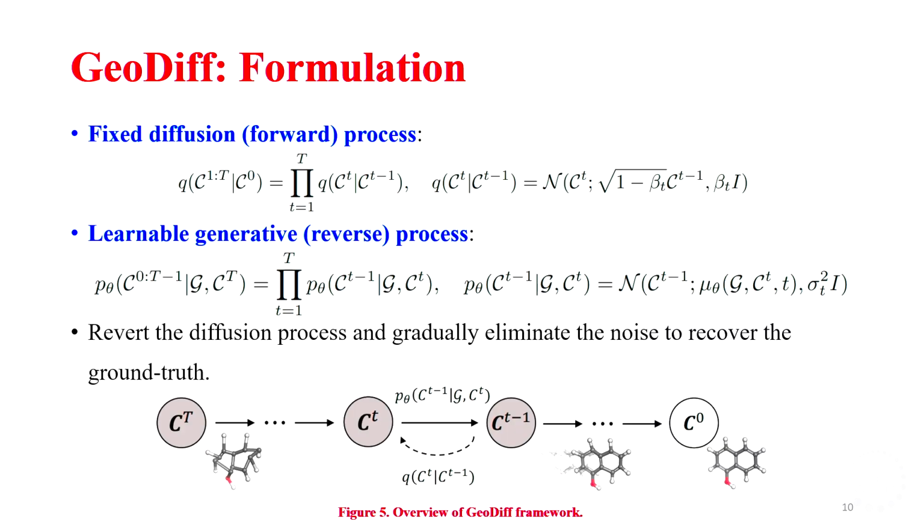In the generative reverse process, we will also have a Gaussian kernel, but now the key parameter to learn is the mean. The mean basically represents the direction in which you want to move a given atom in this conformation. And the variance is basically your step size. How much do you want to move on average? So the key parameters are all hidden in learning this mean of the Gaussian kernel, which represents the forward process.